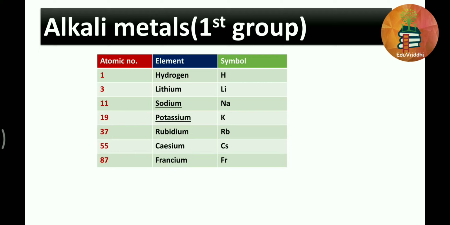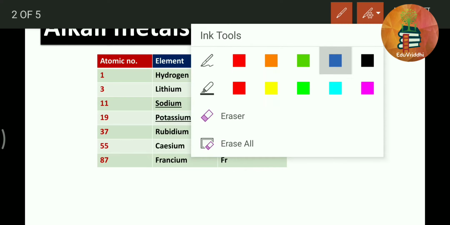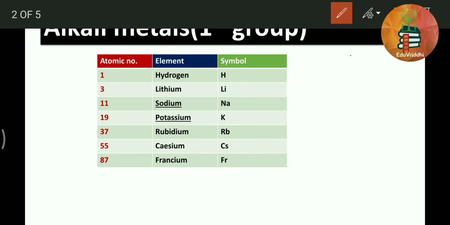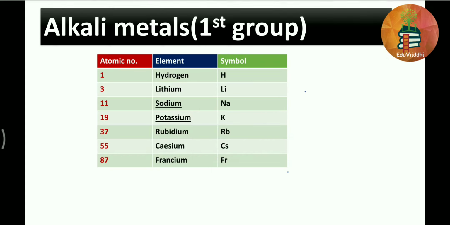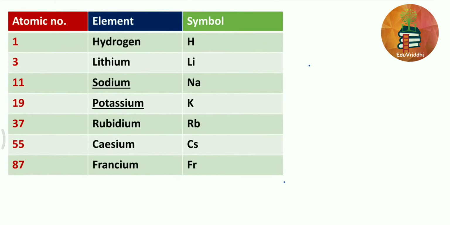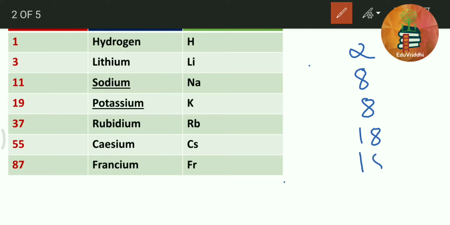So for this we are using magic numbers. There are numbers which are called magic numbers, and those magic numbers are like this: 2, 8, 8, 18, 18, and finally 32.